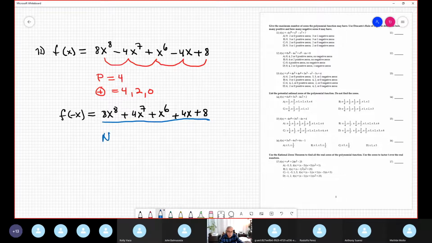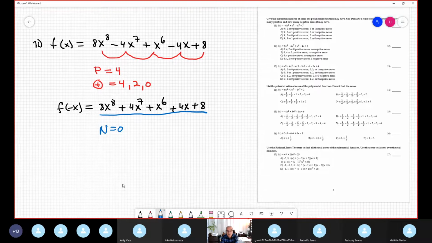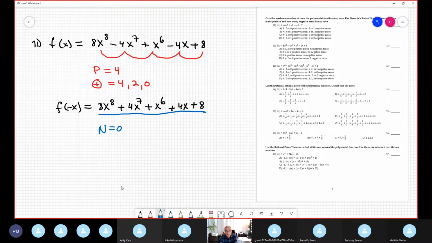Therefore, m is 0. Okay, so in my table, well, actually we can answer the question. The question says degree 8, this exponent, degree 8, 4, 2, 0 positive, 0 negative. It's option B. It's obvious it's option B.